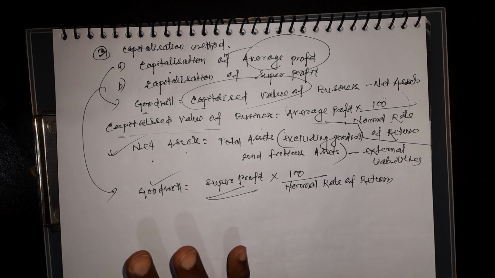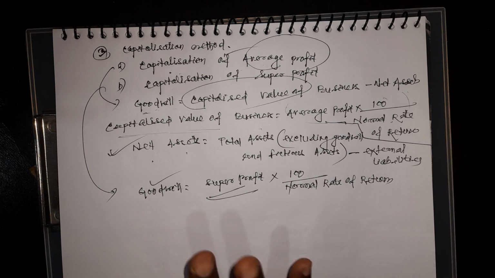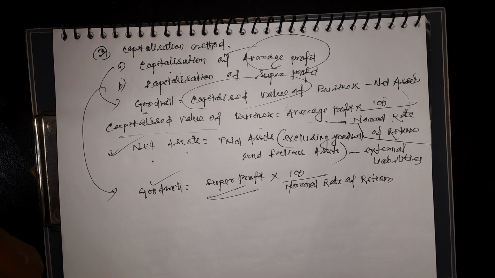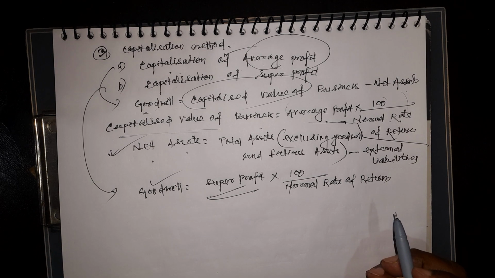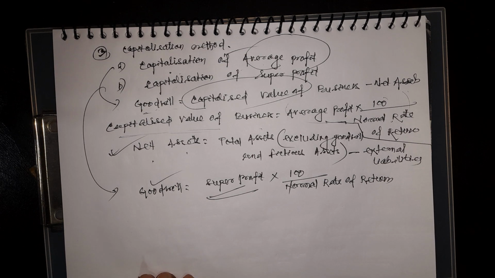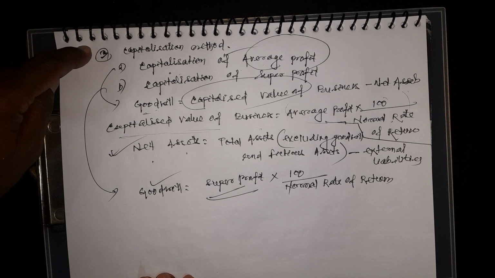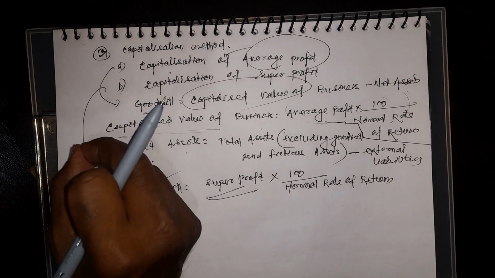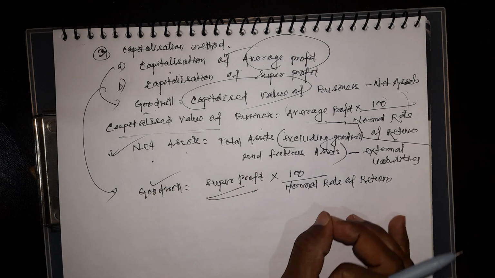So this is all about the explanation of the three methods. Clear? After that, I will explain in detail each and every method, and I will solve different questions. By that time I will also explain in detail the different treatment of abnormal profit or abnormal loss. But remember one thing: whenever you solve questions under the average profit method, super profit method or capitalization method, you have to go through the details of the question, what information is given and how you will solve it.